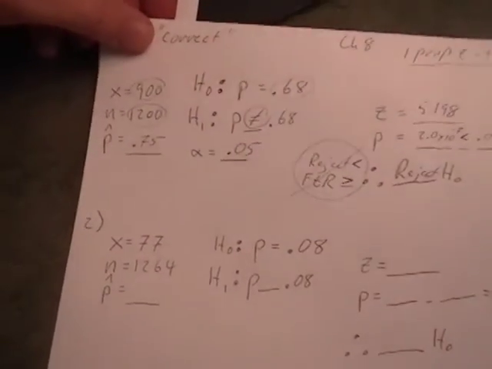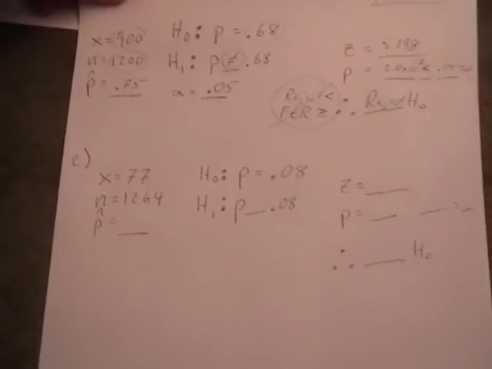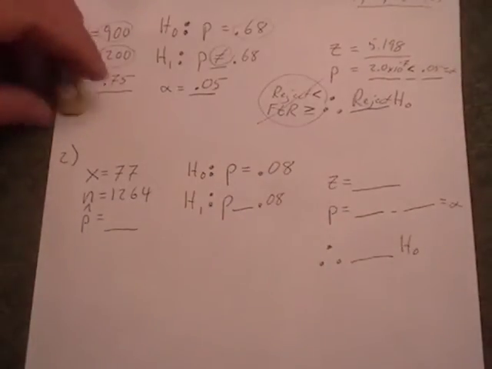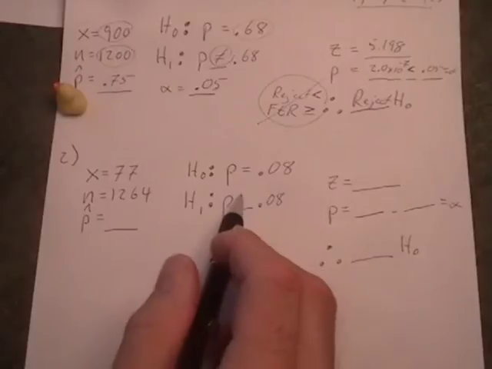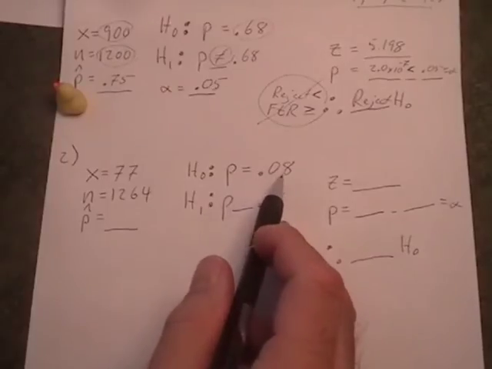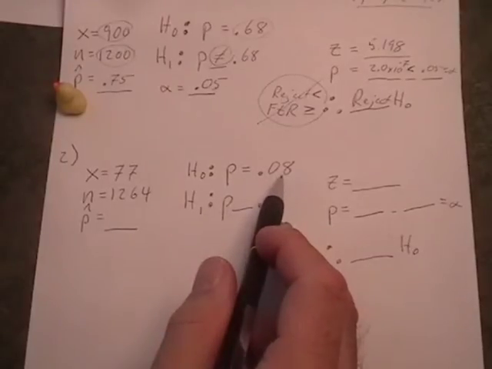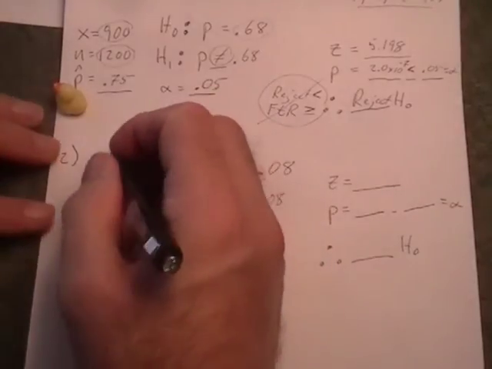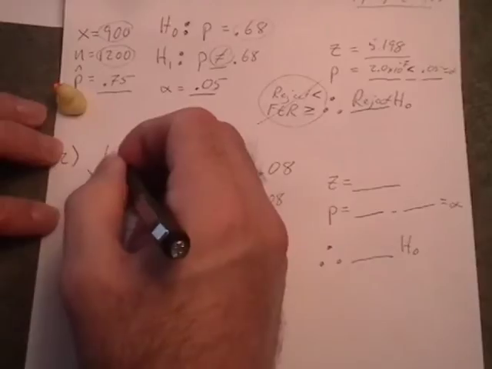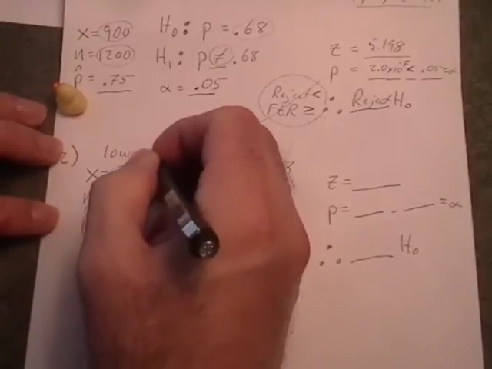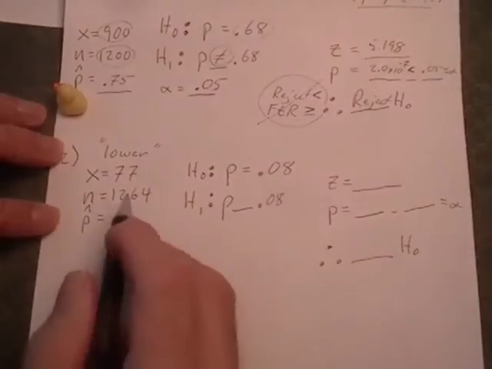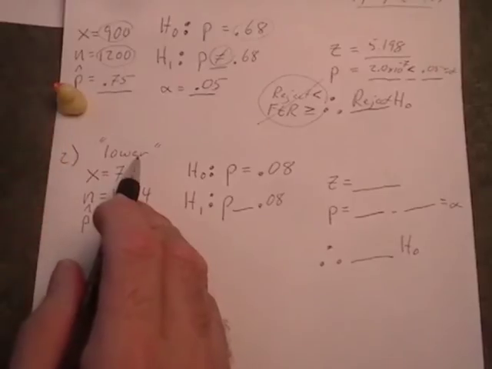Next problem. It's going to be highly similar. We're going to have another proportion. This time the claim was that 8% had a certain property. Suppose that somewhere you see the claim that the actual proportion is lower. That's going to be your key term.